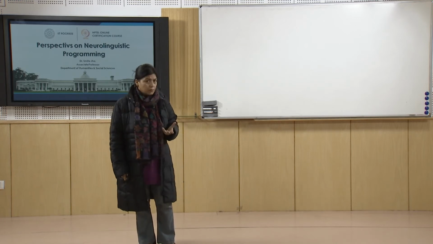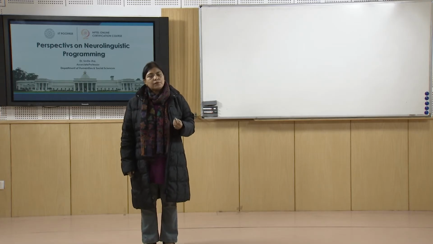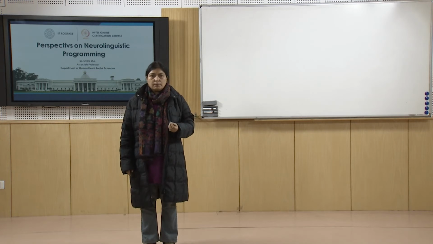Then comes language. This is also a very important aspect of NLP filters. Language is a set of symbols used mainly for communication. The symbols may be spoken or written. Language is an aspect of human behavior.